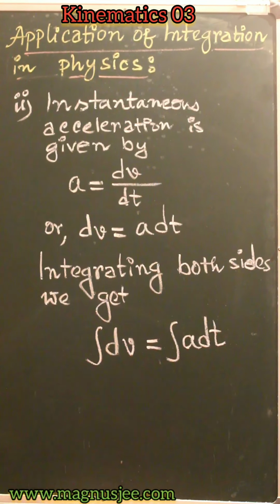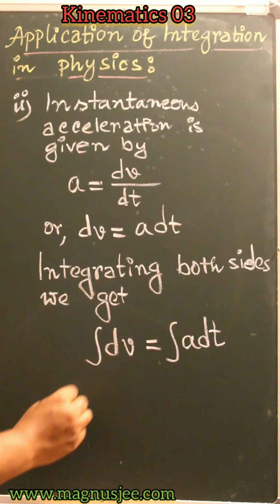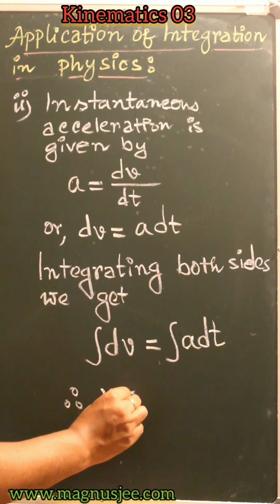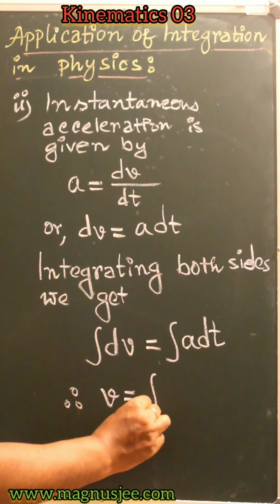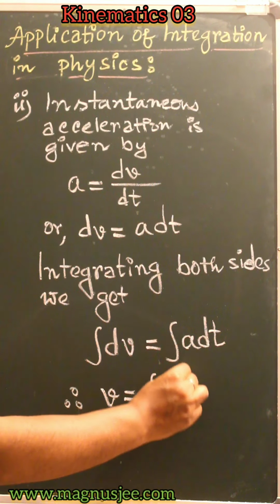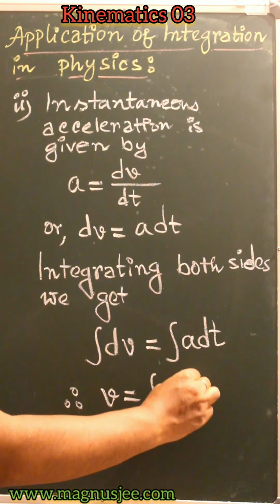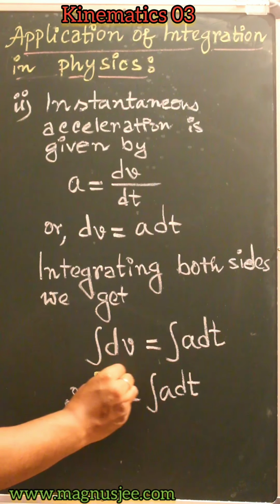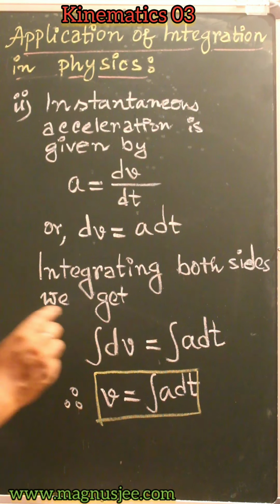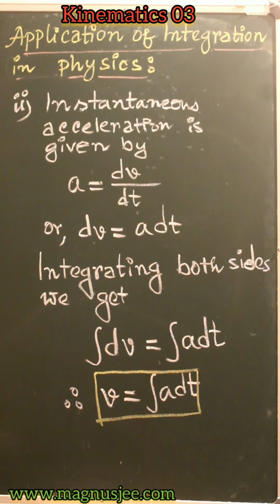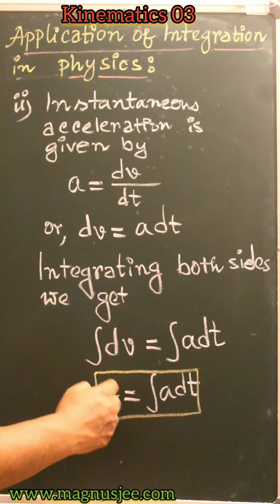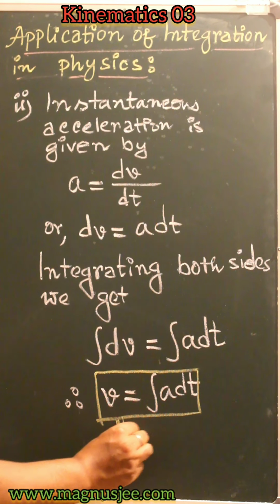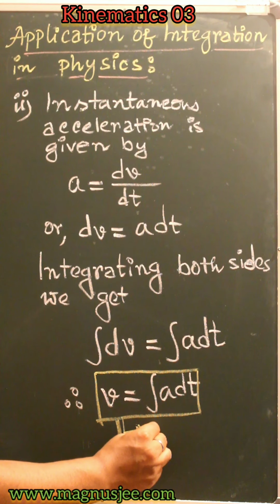Now we know that integration dv is v, that is instantaneous velocity. Therefore, v equal integration a dt. If we integrate acceleration over time, then we get instantaneous velocity.